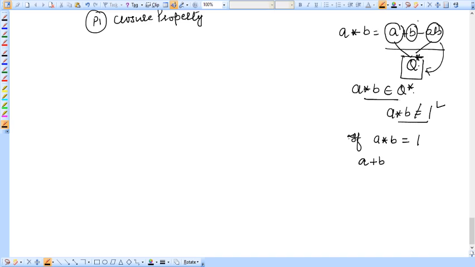A plus B, since we know A star B is equal to A plus B minus AB is equal to 1. Okay, taking it to the left hand side, A plus B minus AB minus 1 equal to 0.